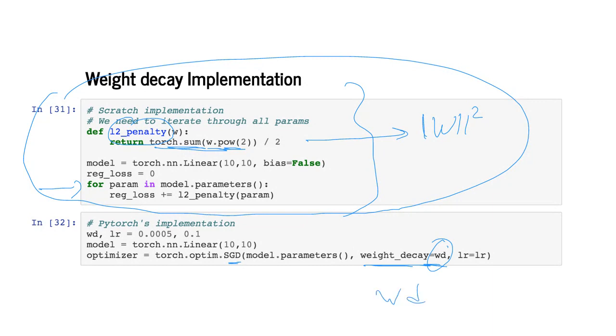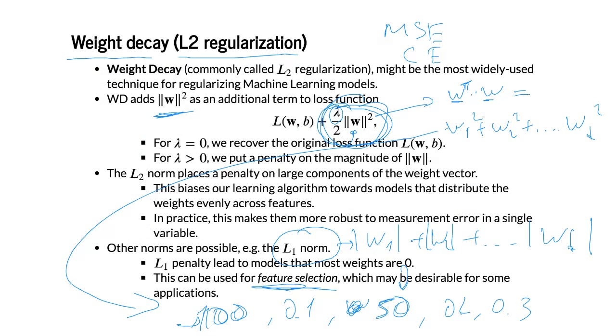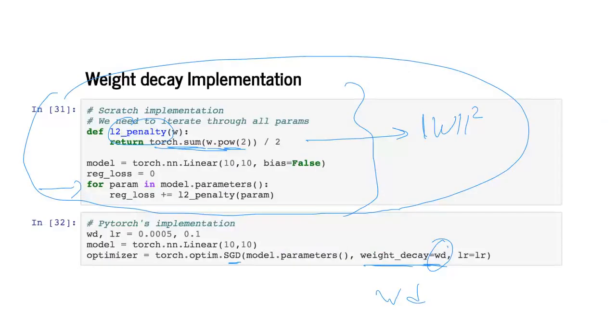WD here is the value of this lambda over here. And very often this value, in many cases, is 5 times 10 to the minus 4. So that's a good value for this WD. So it's already implemented.